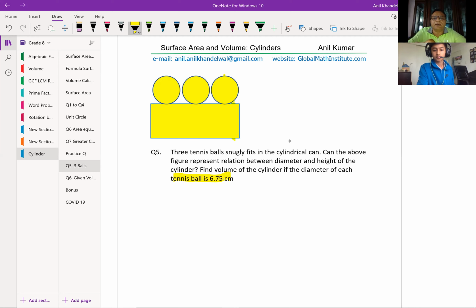Tell me what is the diameter of your cylinder and what is the height or length of the cylinder in this case. The diameter would be the same as the tennis balls roughly because they tightly fit, so it'd be 6.75 centimeters. And the height would be 3 times because the tennis balls are spherical, so the diameter would be same as the height. You just have to do 3 times 6.75, and that becomes the height. You'll find radius by dividing the diameter by 2 and do the needful just as you did in previous questions. So not a problem at all, right?